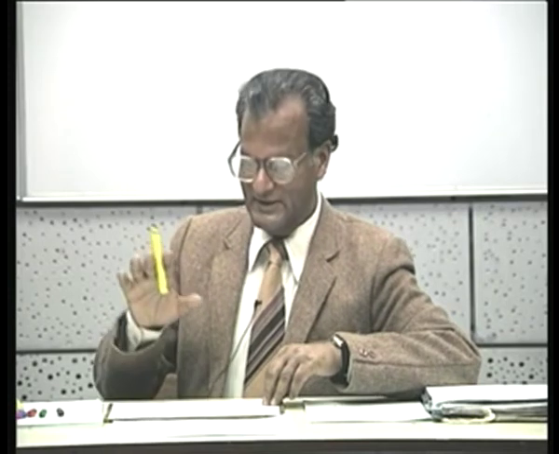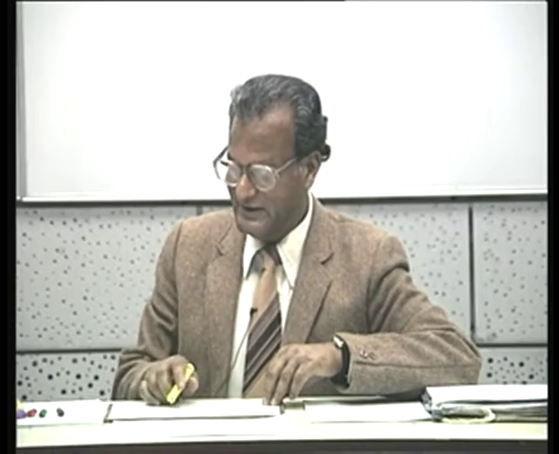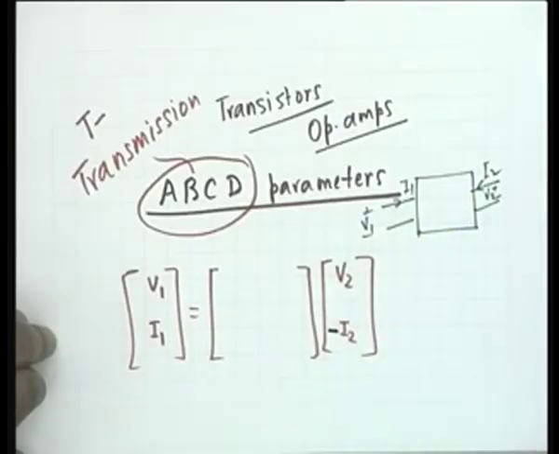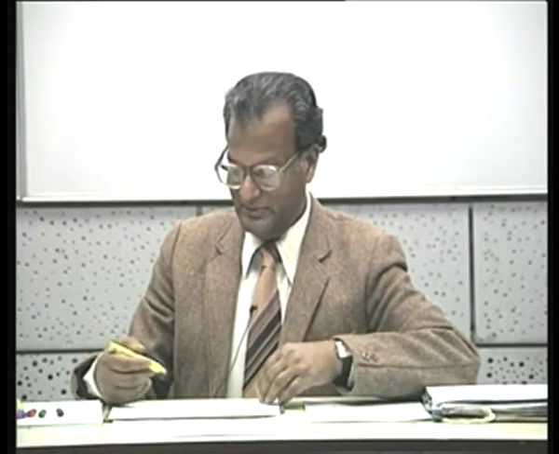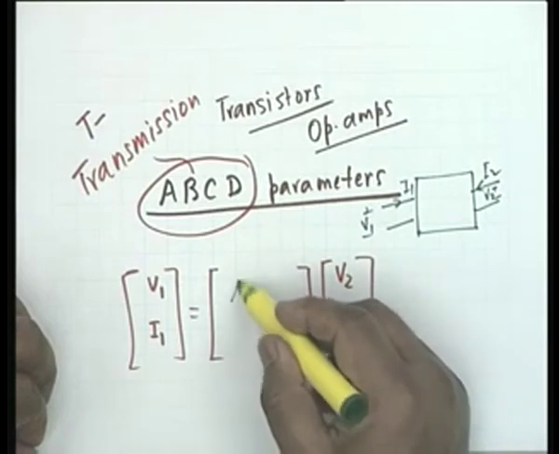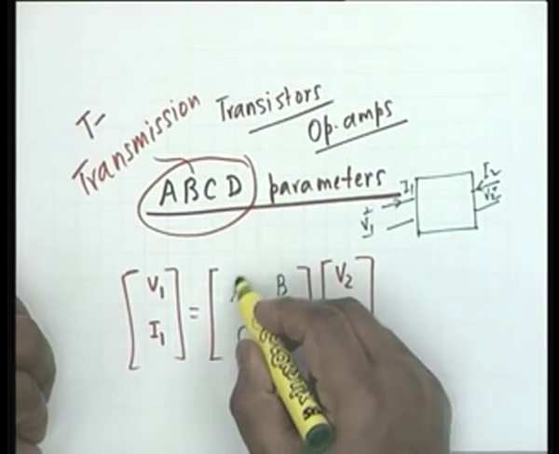And Lord Kelvin argued that whatever I feed in, if I feed in a current in this direction, well, I will take it. Lord Kelvin's convention was that I will take it going out, okay, the current going out. So this is why, to keep track with modern practices in which a 2 port parameter is defined with all currents going in, I must use a negative sign, and these parameters are A, B, C and D.